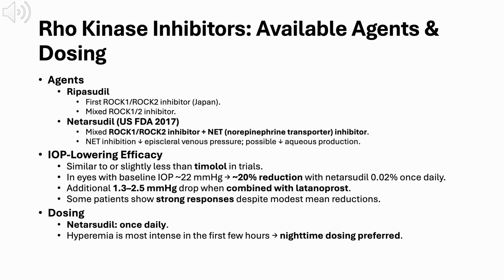Interestingly, some patients exhibit stronger individual responses than expected from mean trial data. As for dosing, netarsudil is given once daily, with nighttime administration preferred because conjunctival hyperemia, its most common side effect, is usually most prominent in the first few hours after instillation.